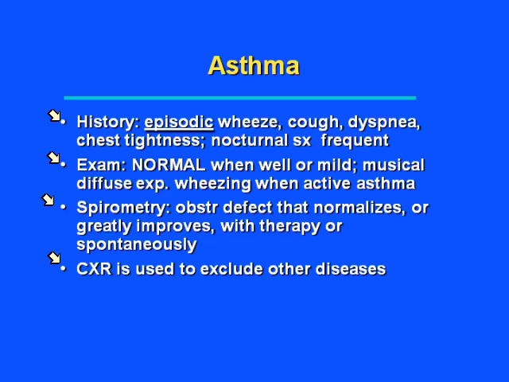And again, the chest x-ray is commonly brought into play not because you can see asthma on a chest x-ray, but because you exclude other problems that might mimic asthma with cough or wheezing or shortness of breath.